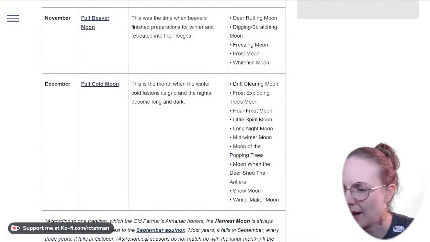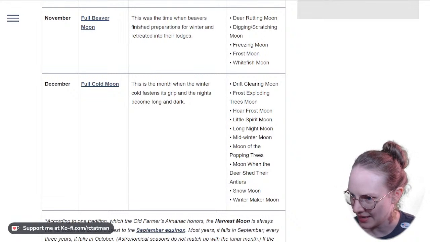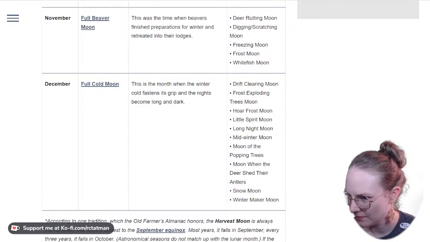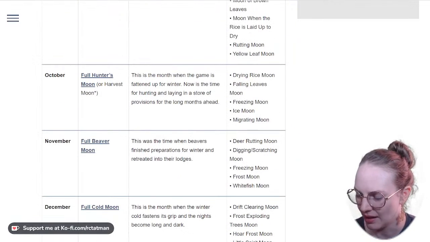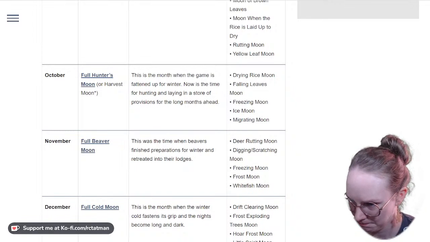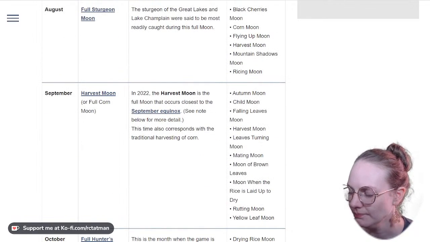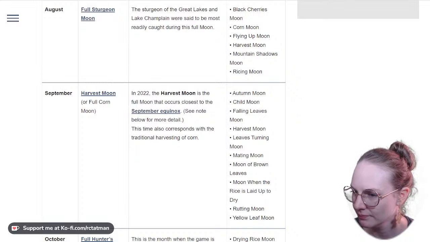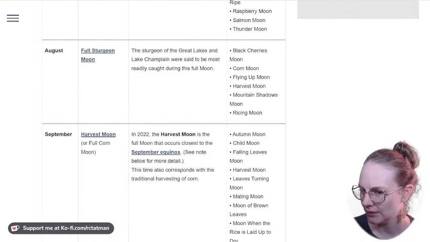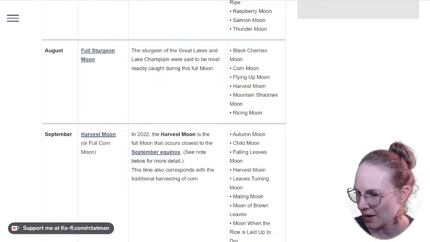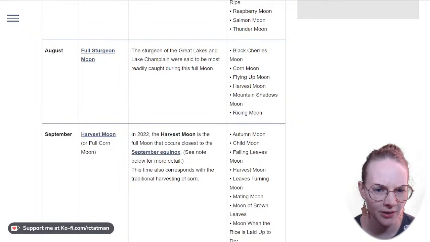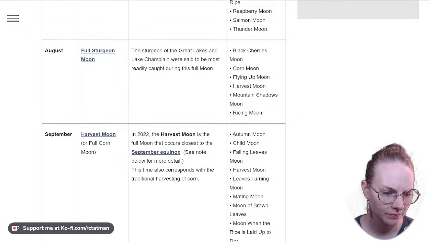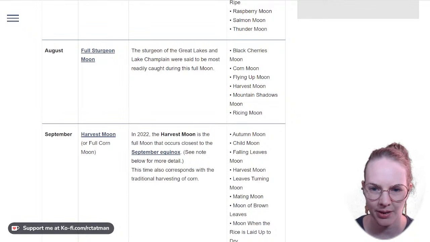When we are looking at the almanac page, when we have two things that have the same name, right? Like, I'm looking for some examples of that. Harvest moon and harvest moon. Oh, do we do full corn moon? Is it in here? It ain't. All right, let's add it.